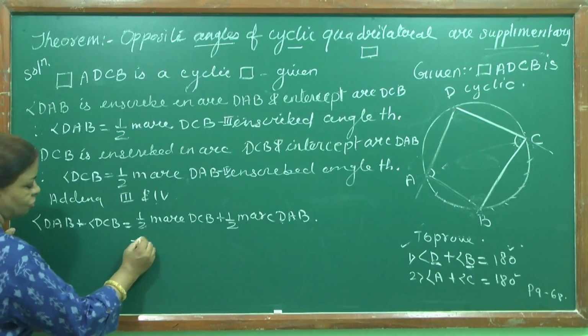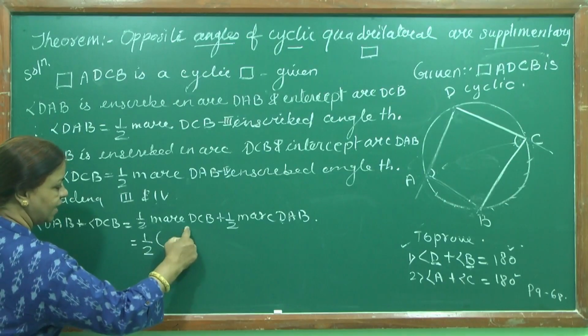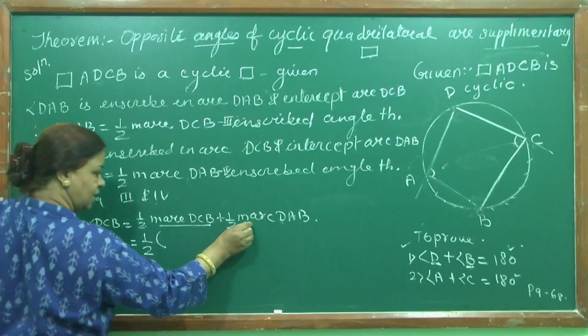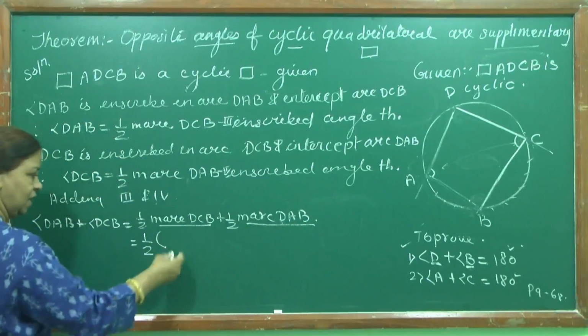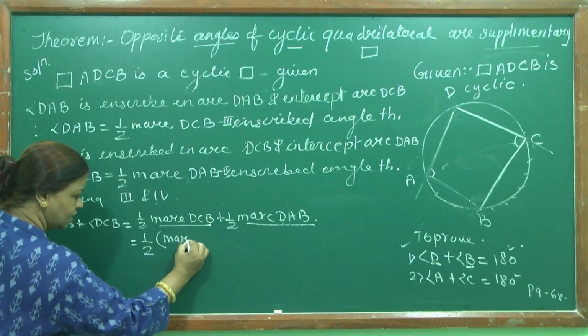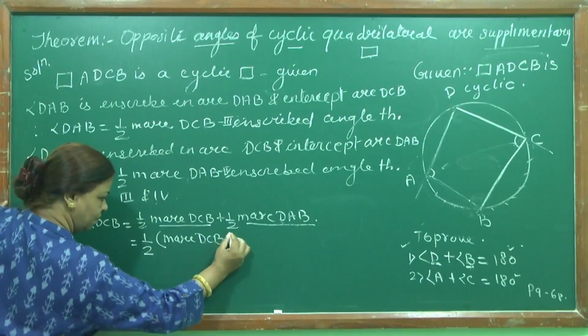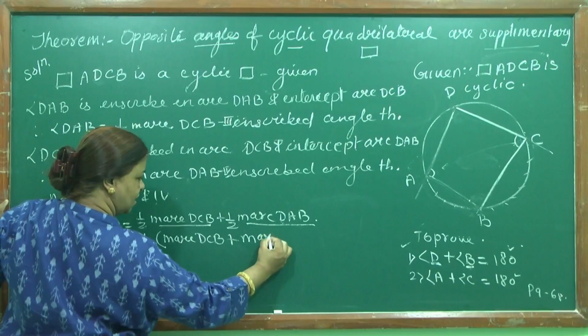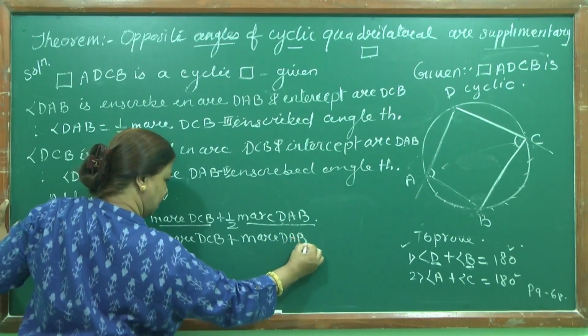Now you will take half common as you did before, and major arc DCB plus major arc DAB.